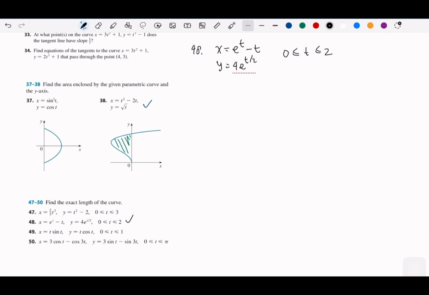First we need to find dx/dt, the first derivative with respect to t, so e to the power of t minus 1, and then dy/dt is basically half of 4 is 2, e to the t over 2.